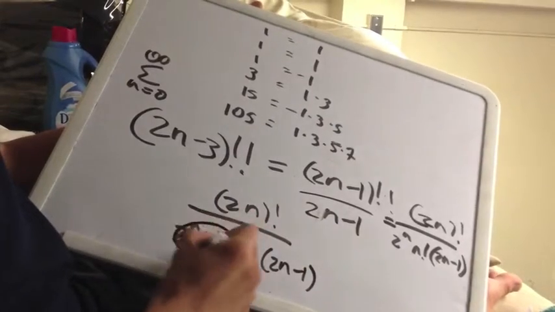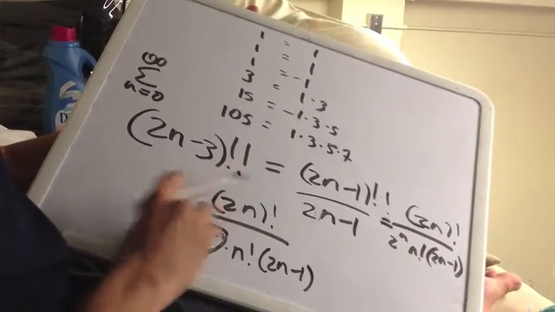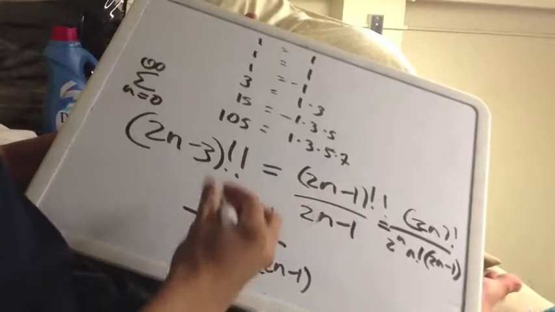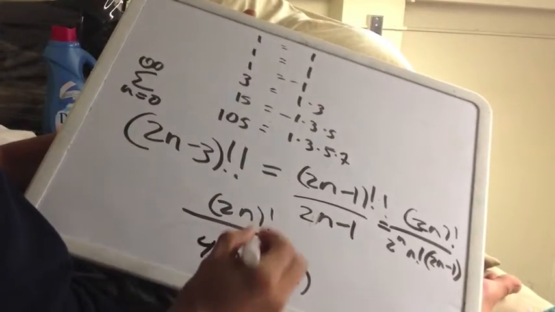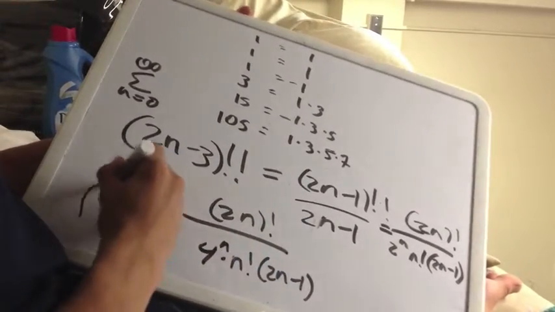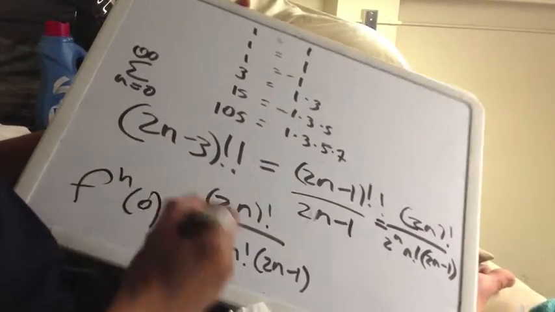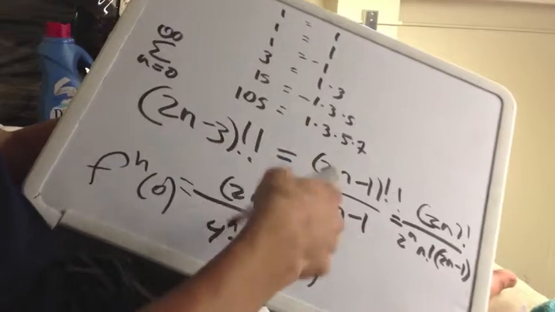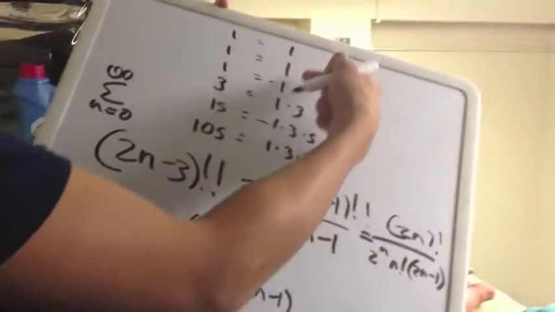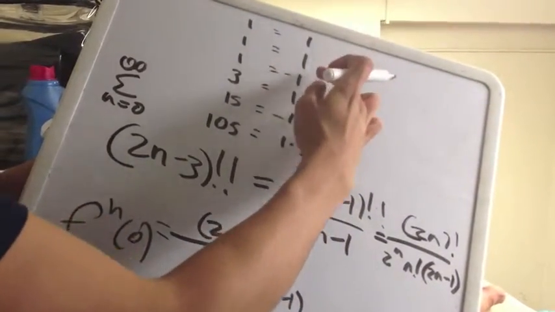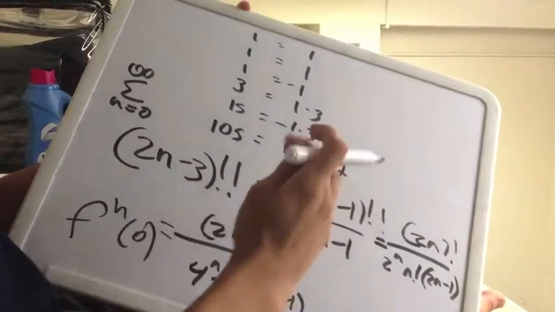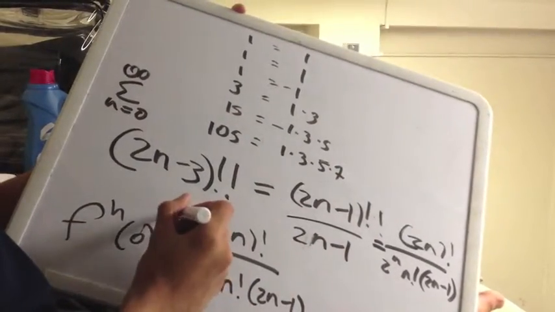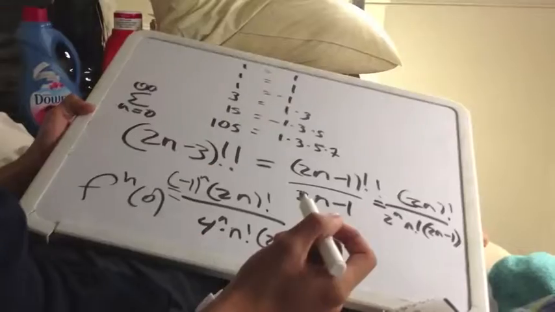Now the 2 to the n's here multiply and become 4 to the n. And this is our nth derivative. Well, this just describes the magnitudes. It doesn't describe the sign changes, which are positive, positive, negative, positive, negative, positive. So we can put negative 1 to the n.